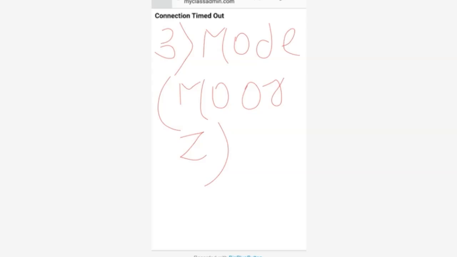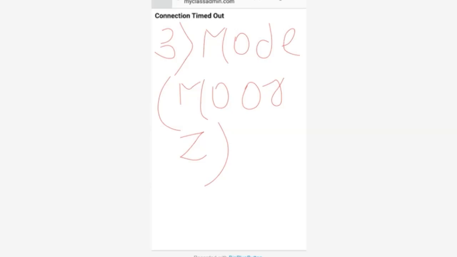There are two reasons which support why the mode is not considered to be unique. Number one, the mode may or may not exist.